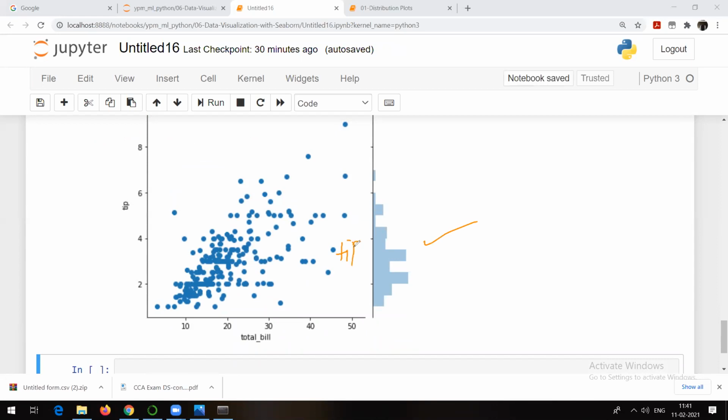This will be tip and this will be total bill. What is the range of the tip most of the time given? You can see between 2 and 4. Most people give a tip between $2 and $4 most of the time. So this is a simple example of a joint plot.